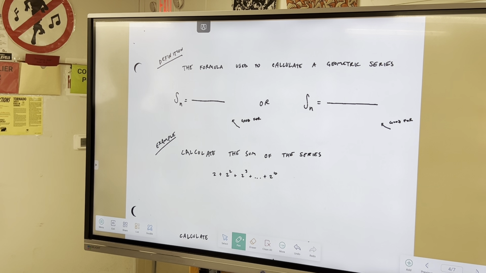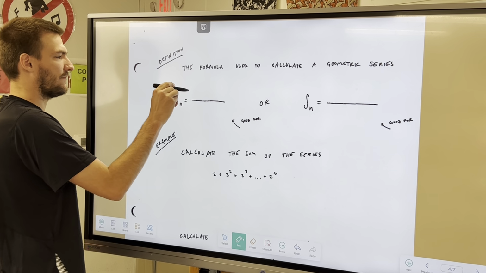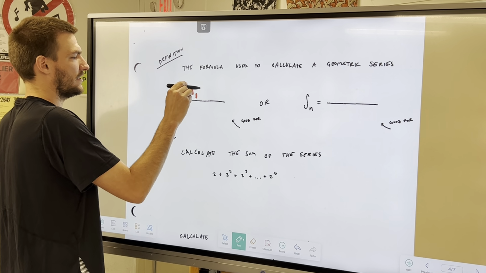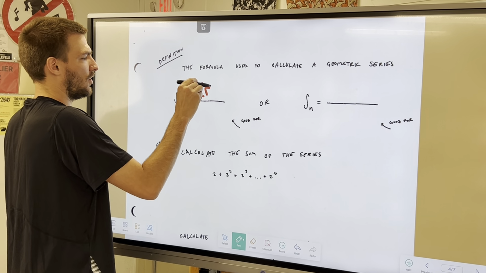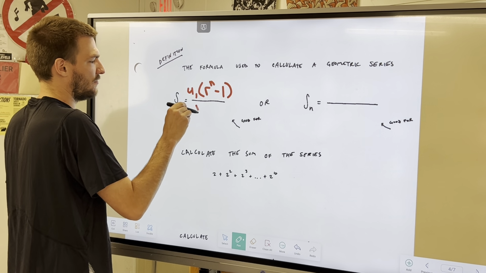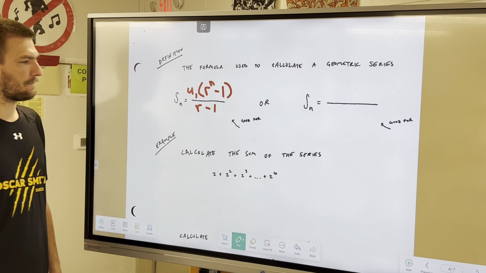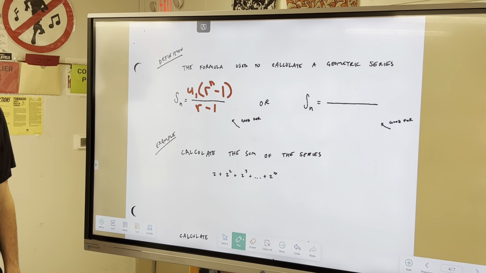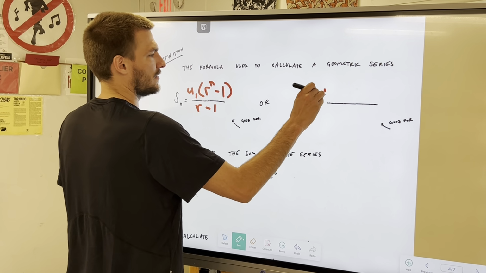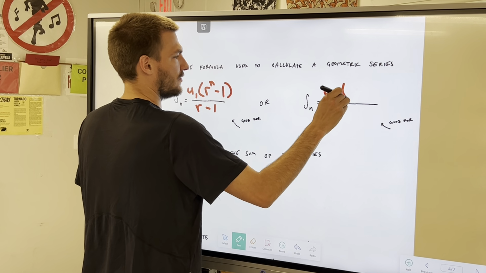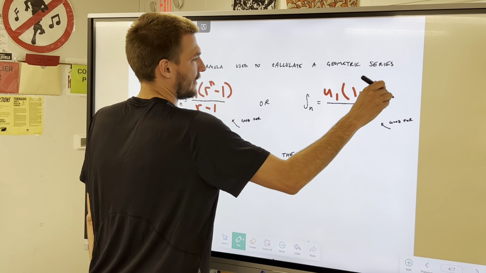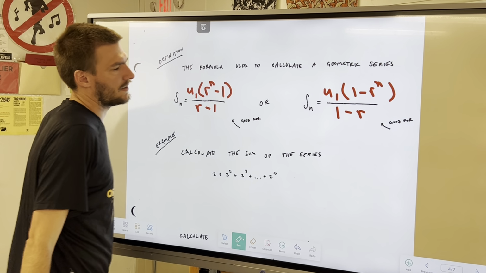The formula used to calculate a geometric series, in our formula booklet, is u sub 1 times r to the power n minus 1, over r minus 1. There's actually 2 in this formula booklet. The other is u sub 1 times 1 minus r to the power n, over 1 minus r.